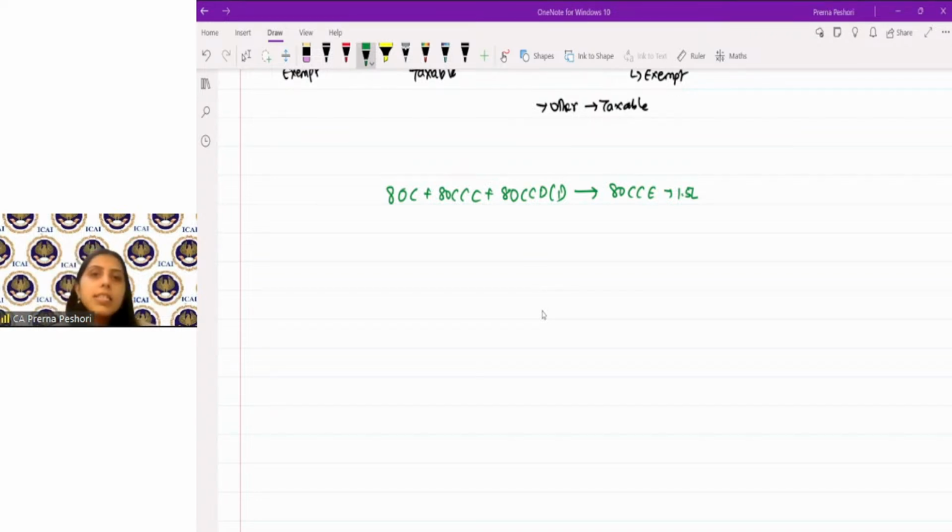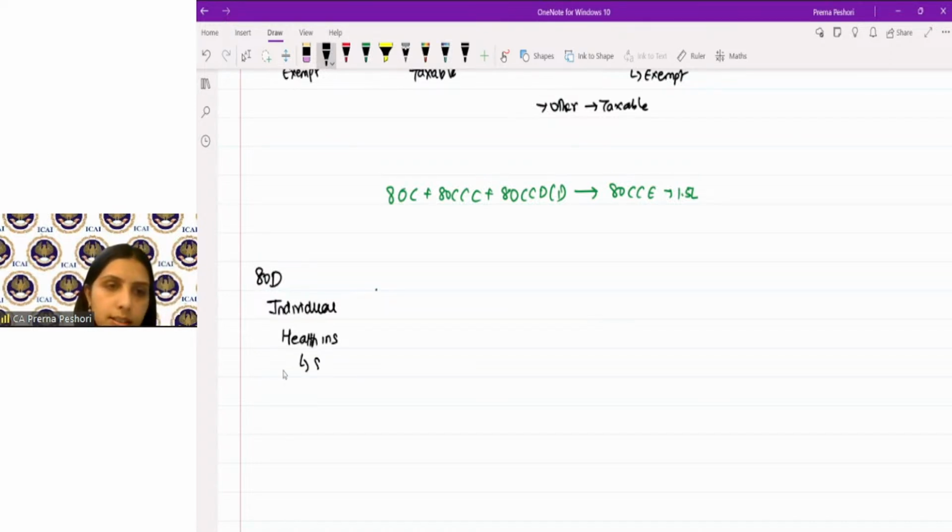Then next is 80D. 80D is in respect of an individual. In respect of the individual, what is the deduction which is allowed? Premium paid for the health insurance.